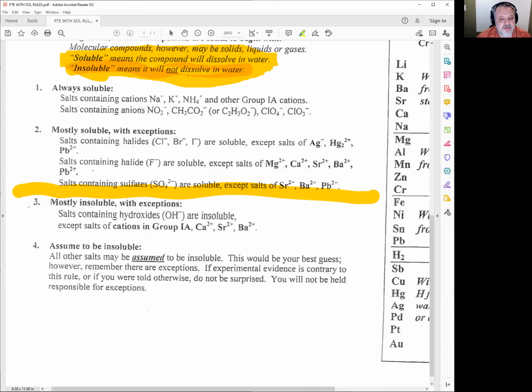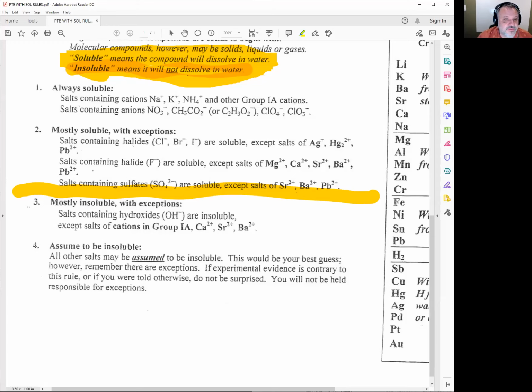In other words, there's definitely always exceptions. So in rule number 3, we're talking about things that are mostly insoluble, that are insoluble except, and then we give you some exceptions. And then the last rule is just assume everything else is insoluble, okay? But remember that there are exceptions.